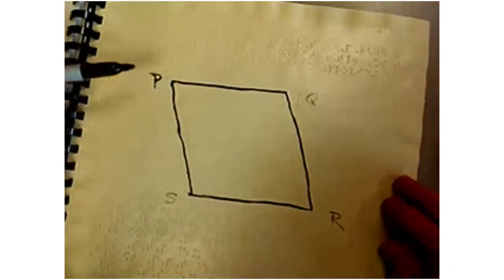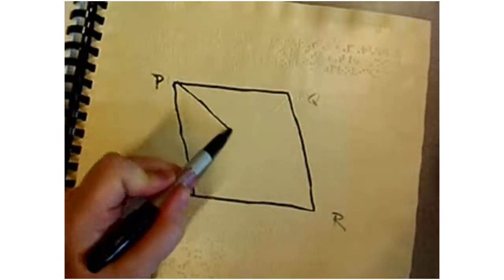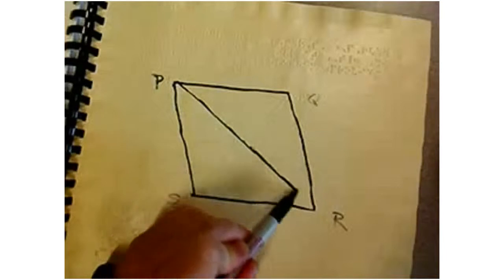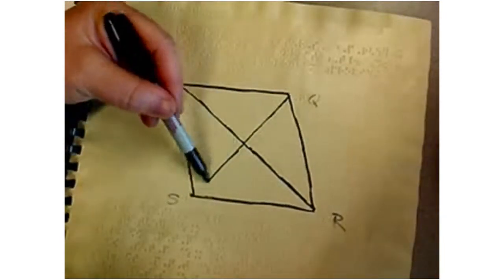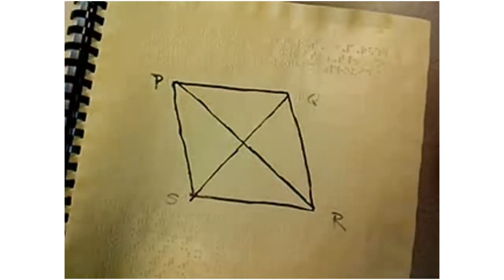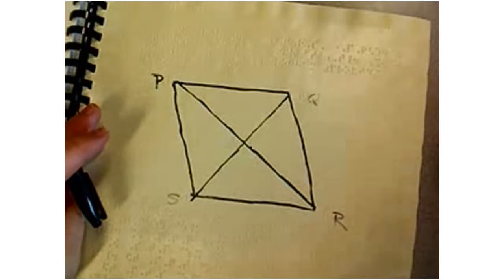But it did say from P to R, so from opposite angles, P to R, and Q to S, they bisect each other. Aha! We should be putting in our brain, what does bisect mean? Learn some things about bisecting diagonals of parallelograms.